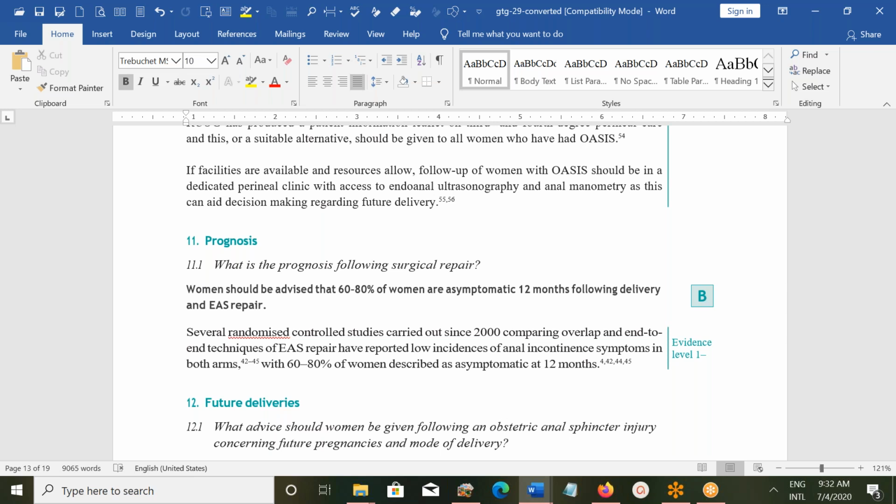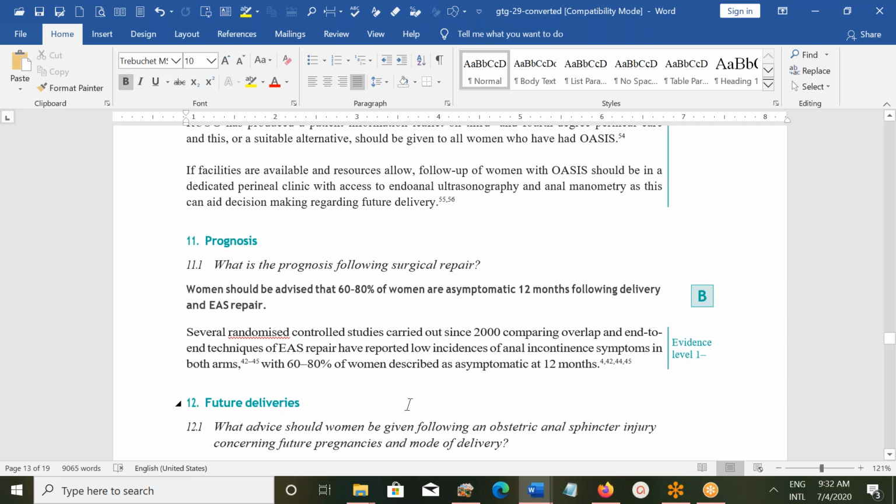I have seen very young women, not only in Ireland and the UK, but also in the Gulf and in Asian countries. They sustain a tear and then carry colostomy bags for about 3 months. So you can imagine the mental state of such a patient, how angry she will be, and what the quality of her life will be.